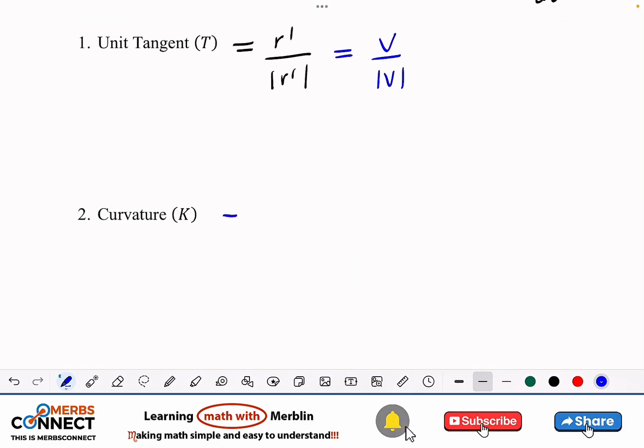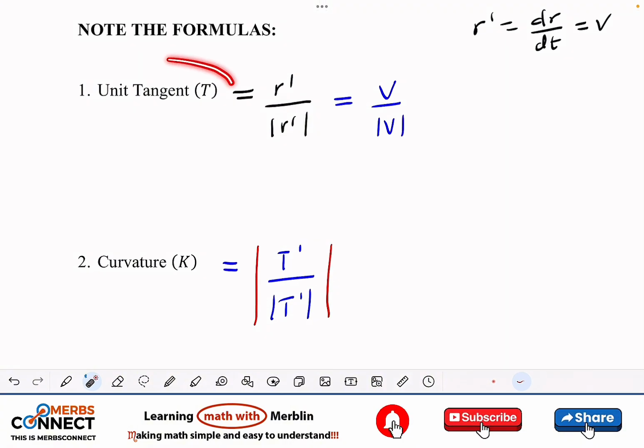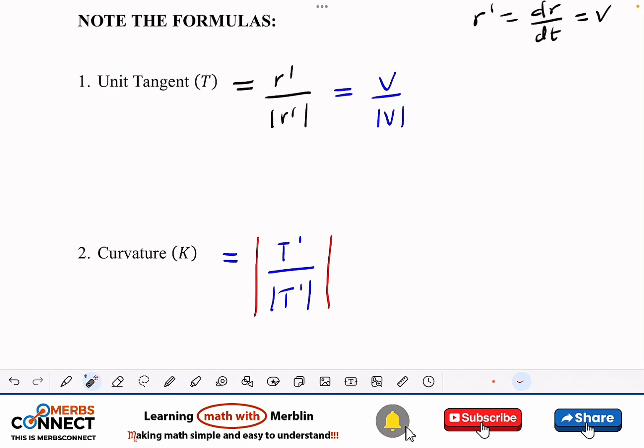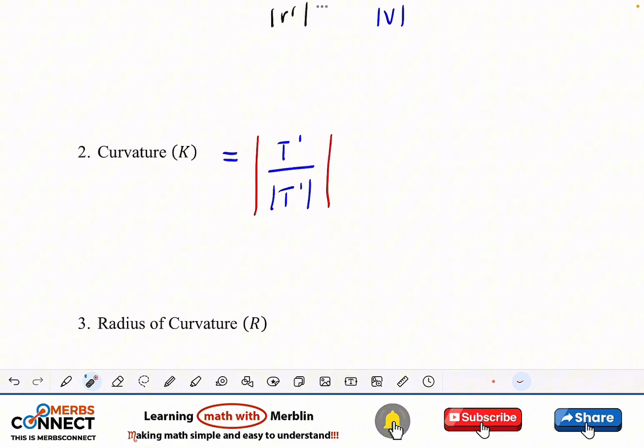Then curvature is equal to the derivative of the unit tangent divided by the magnitude of the derivative of the unit tangent. So this is very nice. When you get the unit tangent wrong, it's automatically going to affect this one. So we differentiate the unit tangent, find the magnitude, divide, and when we finish, we find the magnitude again.